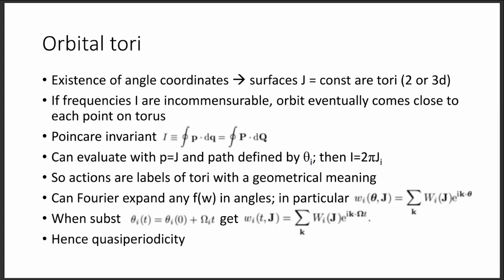If we make P_j and Q theta, then the J, of course, and we move around on the surface of constant J, then we can take the J outside the integral, and we'll be left with J times the integral of d theta all the way around, 2 pi. Then we'll find that this Poincaré invariant is equal to 2 pi J_i. So that's what the actions are. They're sort of measures of how big the torus is. What's its girth?